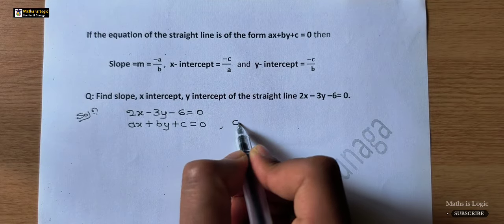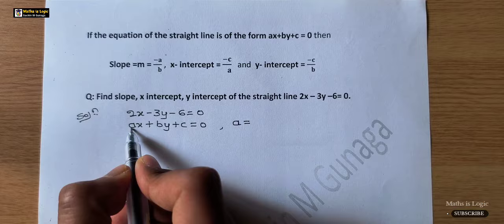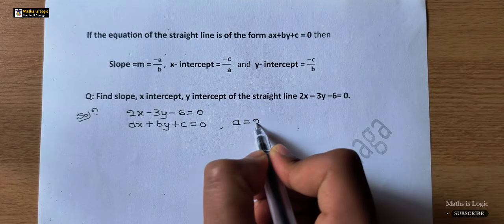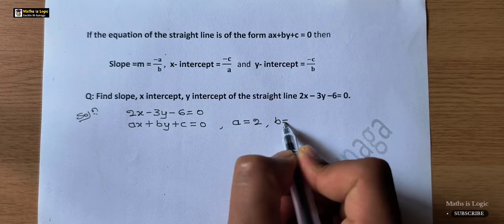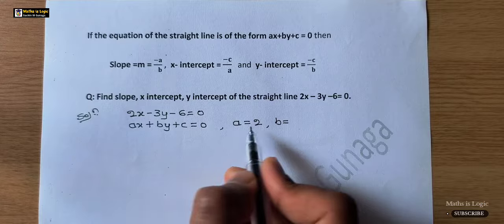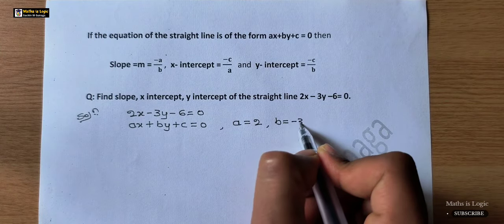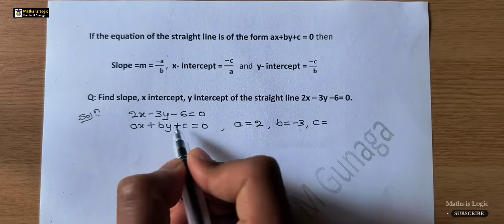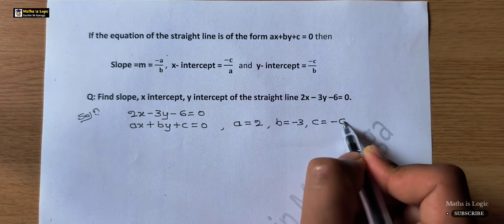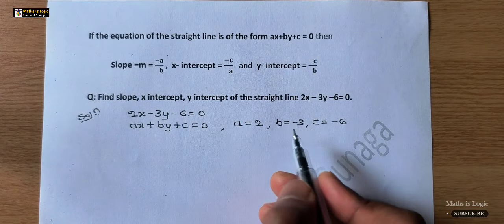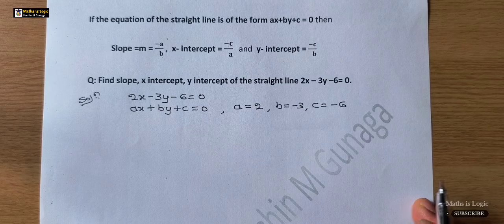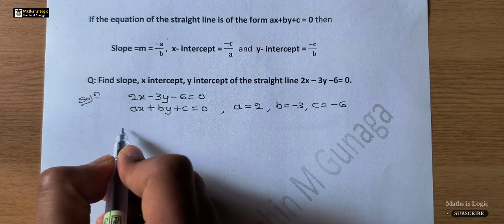So here mention first a value. In place of a, what is the value? 2. Next, b value, including the sign. 2 means plus 2. In place of b, minus 3. Next, c value, that is minus 6. After getting a, b, c value, first we need to find out the slope formula.